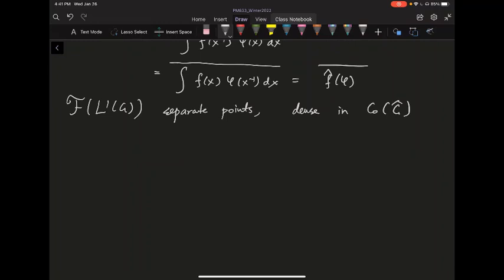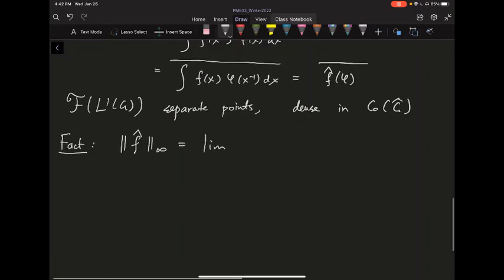I just want to give you another fact from the Gelfand theory. I'm not going to prove this fact. If you want to know what the infinity norm of f̂ is, in most cases it's not going to be the L1 norm, but you can use the following very nice formula. It's in fact the limit of the following: you compute the convolution of your f against itself n times, take its norm, raise it to the 1 over nth power, and you let n go to infinity.